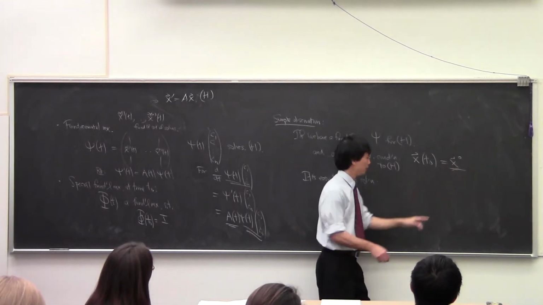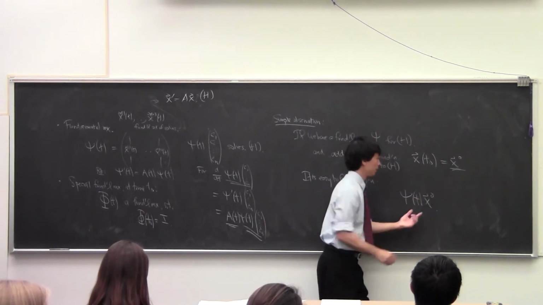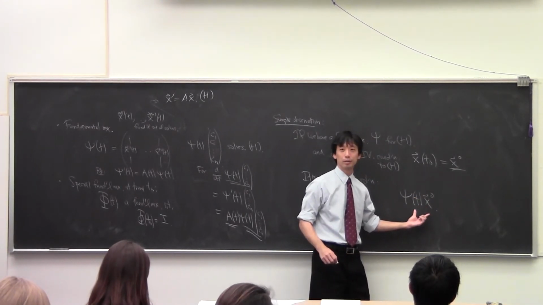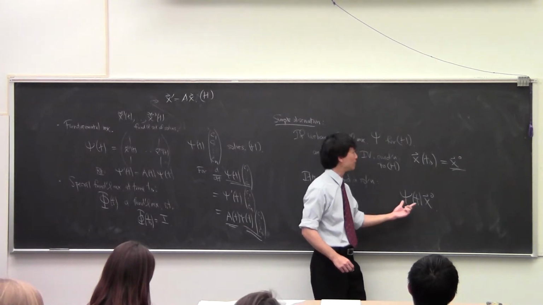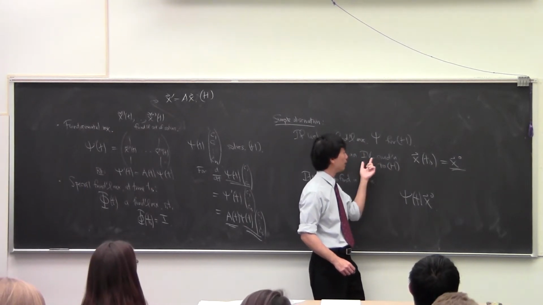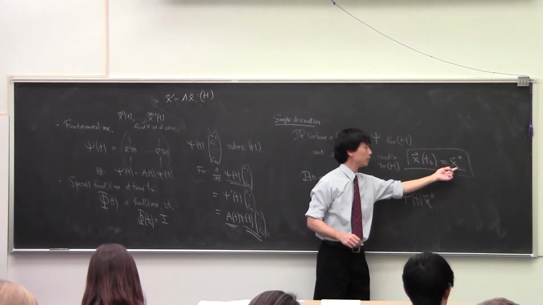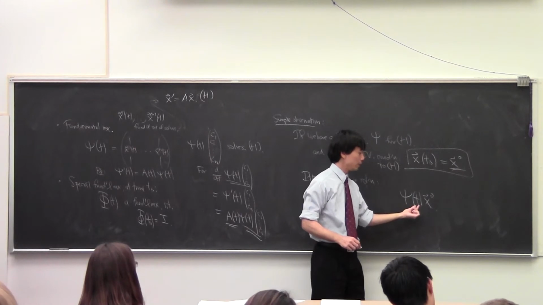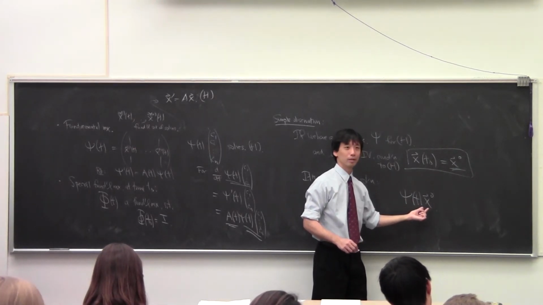We know that if I take psi times it, then that's a solution. But that's not the right solution, because I want the solution at time t naught to be x naught. And at time t naught, this is not x naught, it's psi t naught x naught. It's the wrong one.